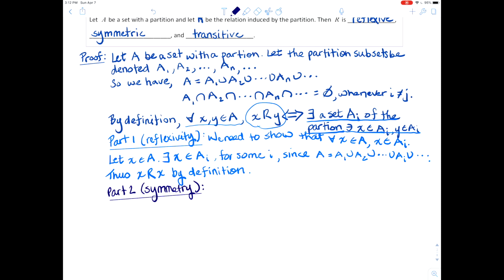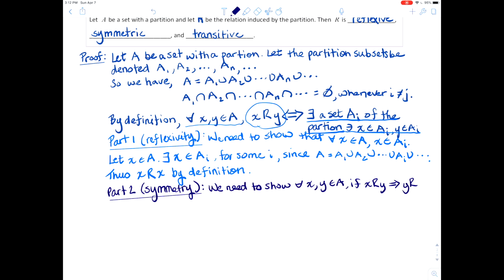Because we need to show for any x and y that belong to A, if x R y, then what?